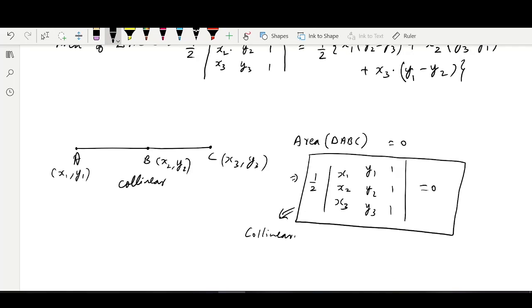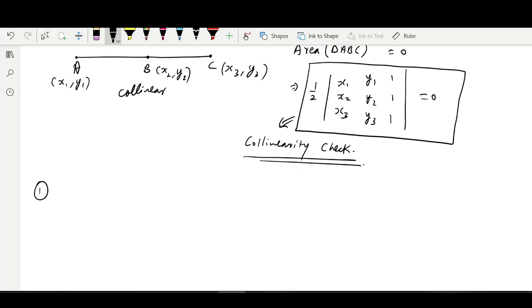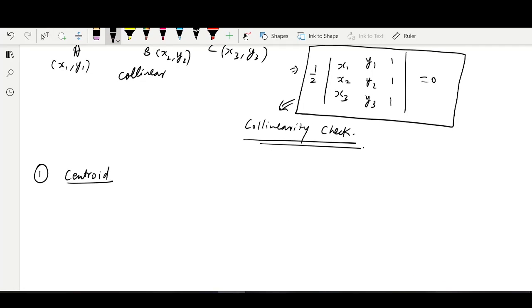Okay, collinearity check. Now let's look at different standard points in a triangle. Okay, let's begin with centroid. Centroid is a point that is present at the intersection of all the medians.